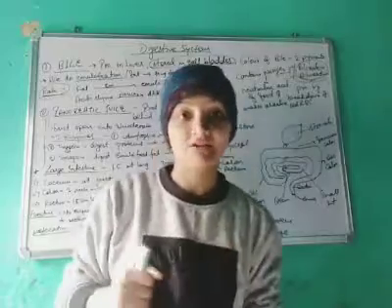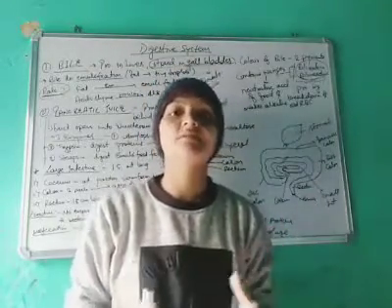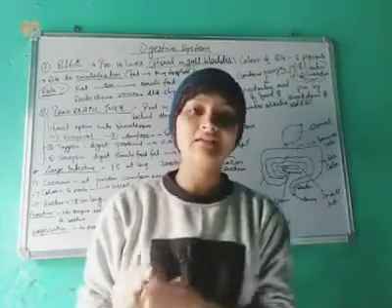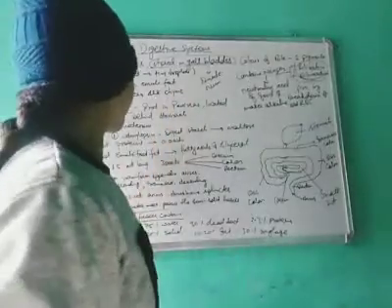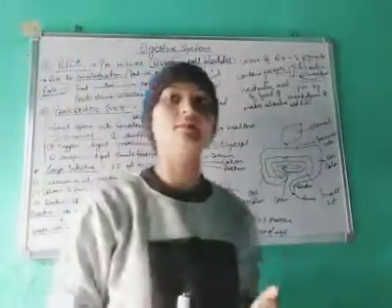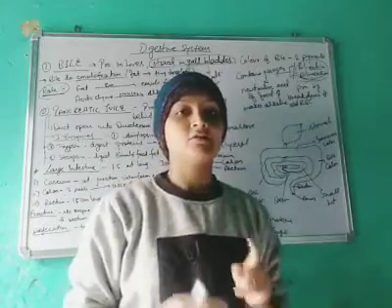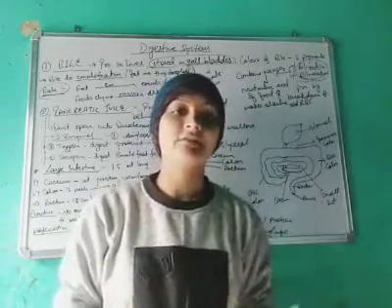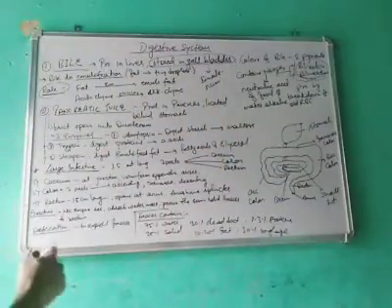What is emulsification? When we convert the fats, which are larger molecules, into a very small, simpler form, that is glycerol and fatty acids. Fatty acids and glycerol are the simpler form of the fat. So it will be called emulsified fat, by the process of emulsification.